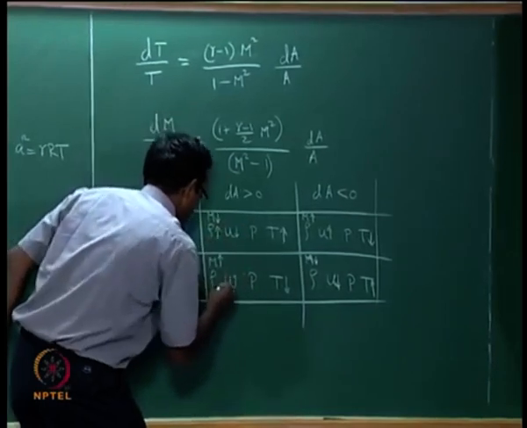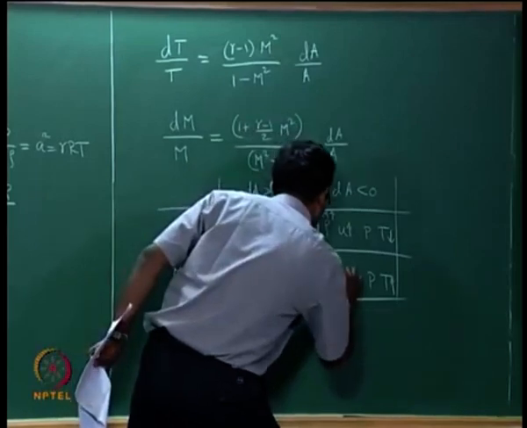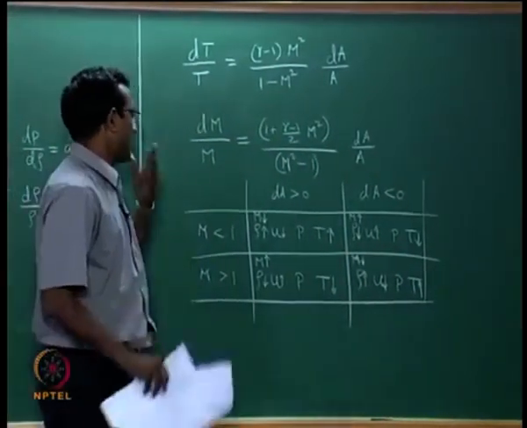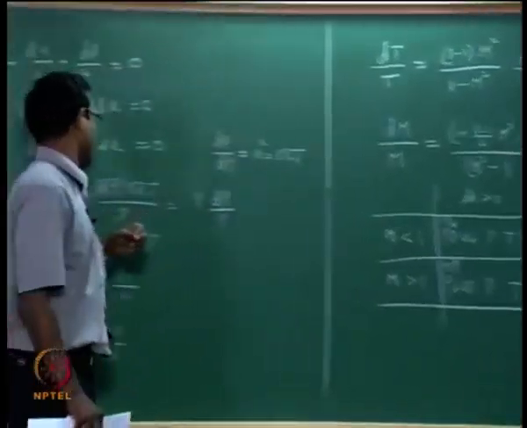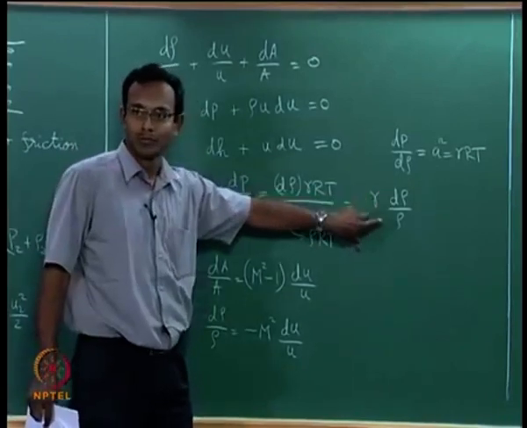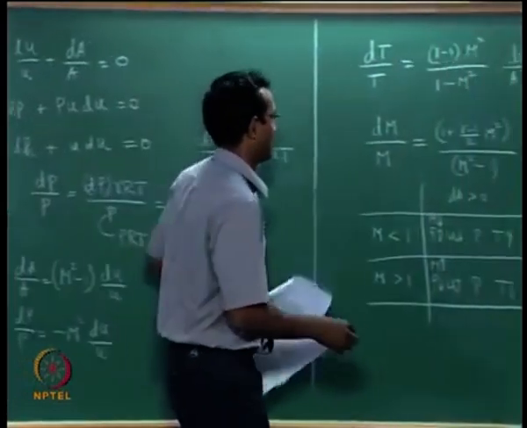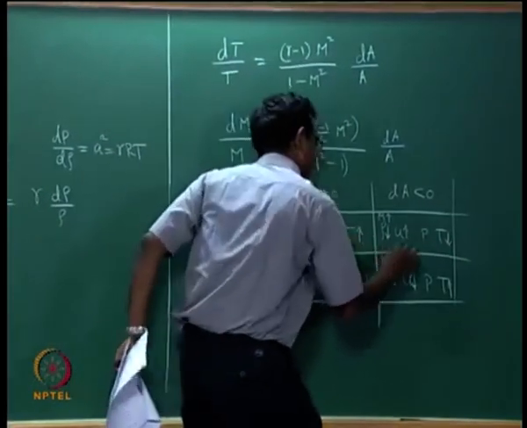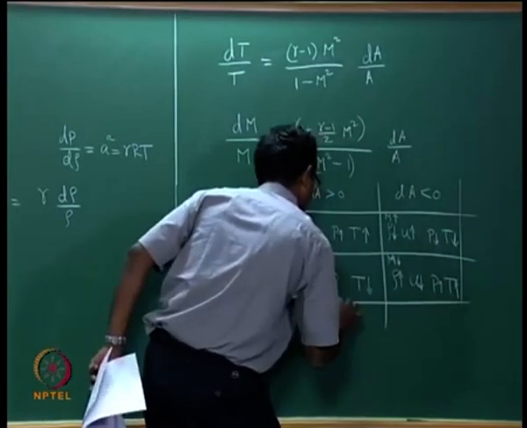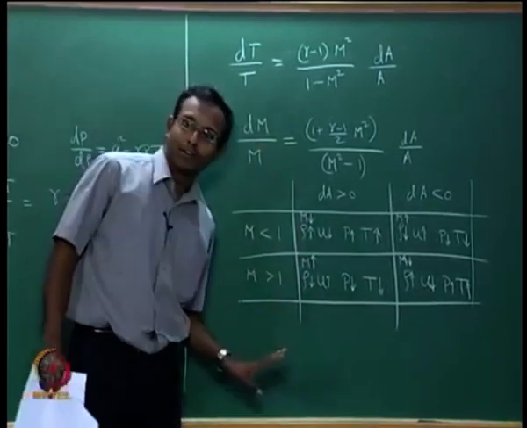So, I can draw the same thing for this. And now, we also did this dP by P and d rho by rho. dP by P is directly proportional to d rho by rho by a constant. Okay. So, I can also tell it will be the same direction. So, I can populate this whole table now.